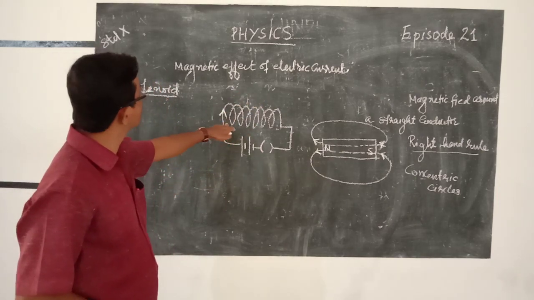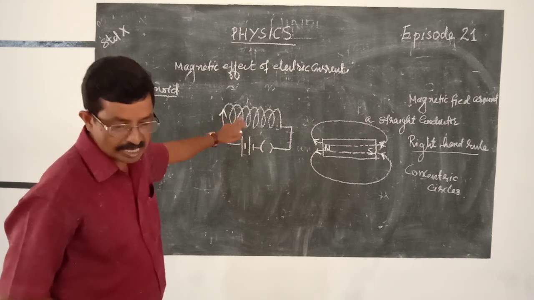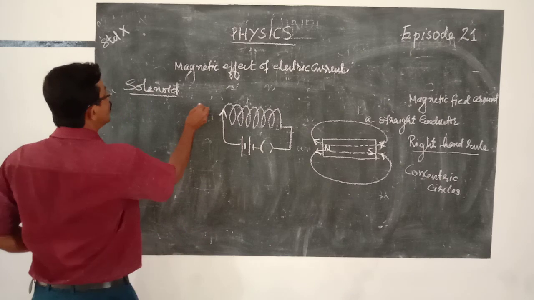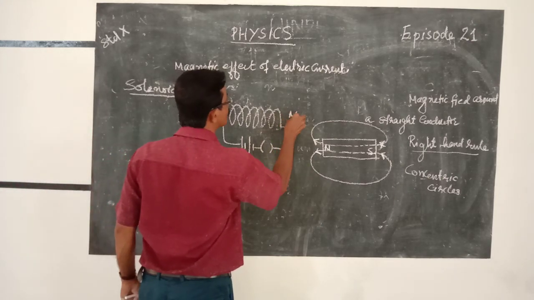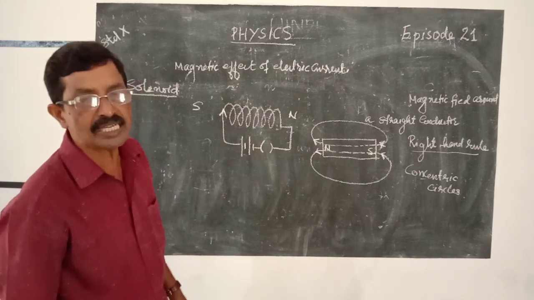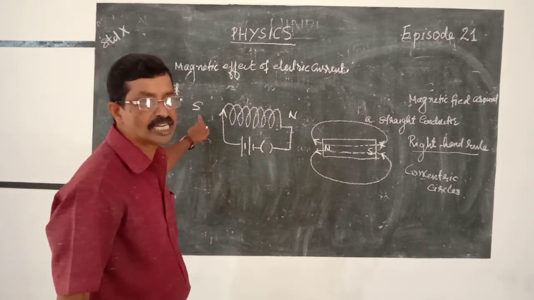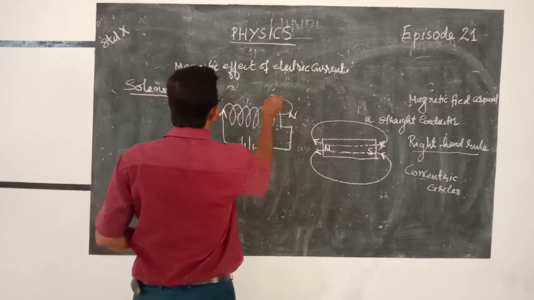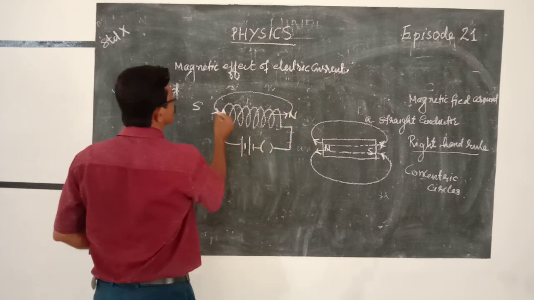If the current here is clockwise, then it is the south pole, and one end of this becomes the south pole and this end becomes the north pole. Here the magnetic field line starts from north, and it goes to south.